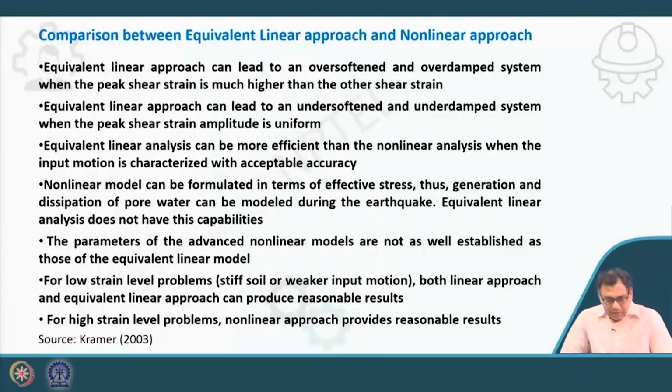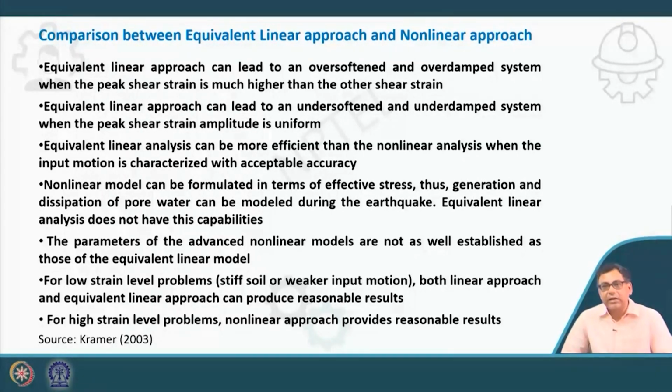Now, for low strain level problems, for stiff soil or weaker input motion, both the linear approach and the equivalent linear approach can produce reasonable results. But for high strain problems, the non-linear approach provides reasonable results. So if it is a very high strain problem, then we have to go for the non-linear approach.